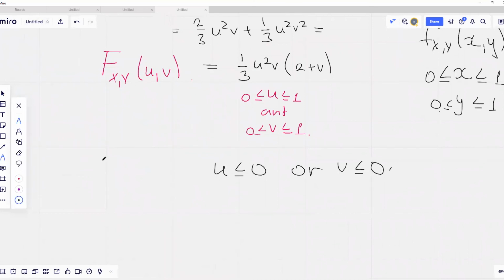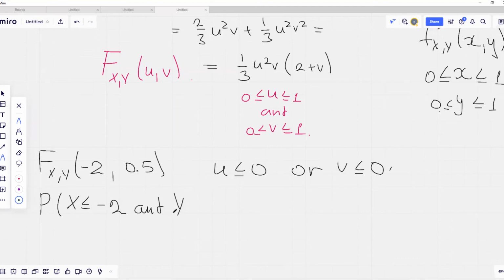So then if we're looking for probability, let's assume that u is less than 0, let's say -2, and let's choose a normal v, let's say 0.5, then we're looking for probability that x is less or equal than -2, and y is less or equal than 0.5.